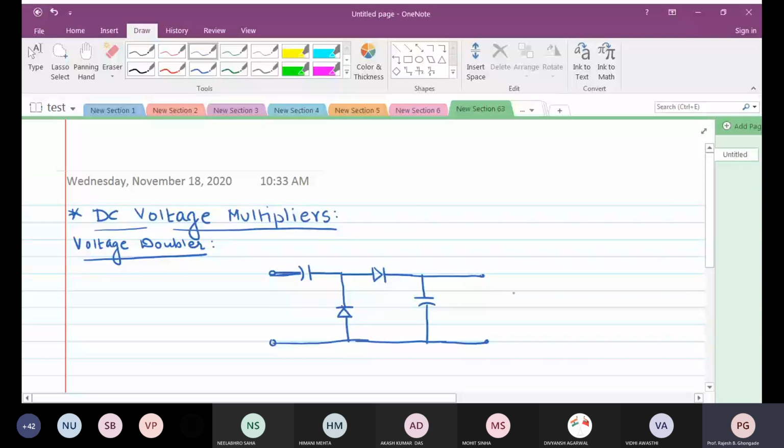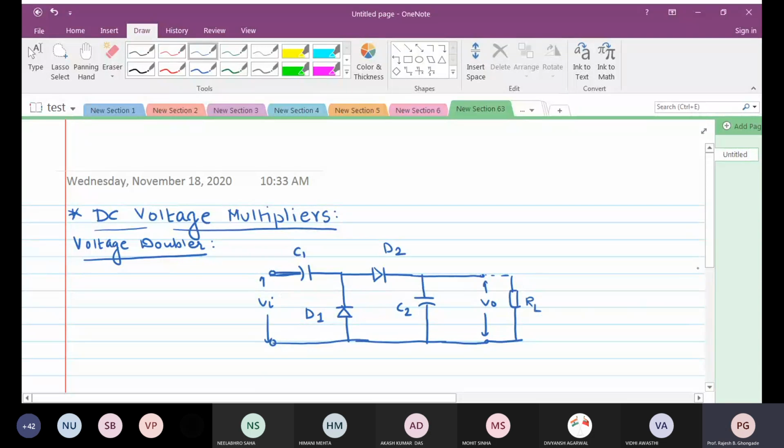As the name suggests, this will be your load. So this one is C1, this capacitor is C2, this diode is D1, this diode is D2. This is where you will apply an input.